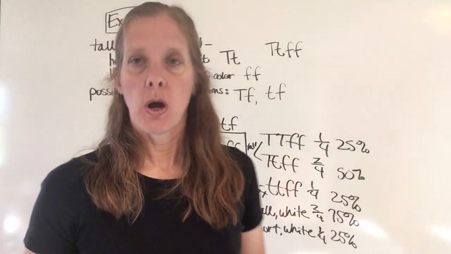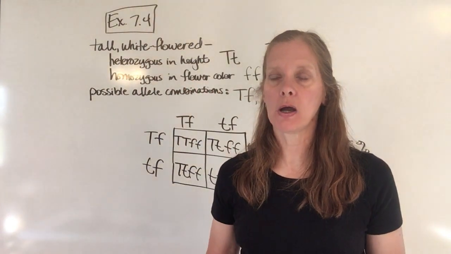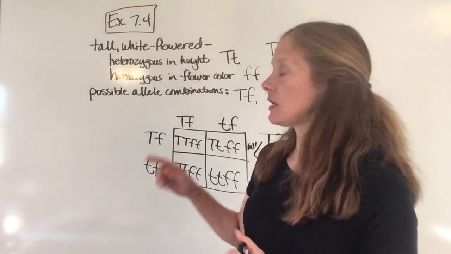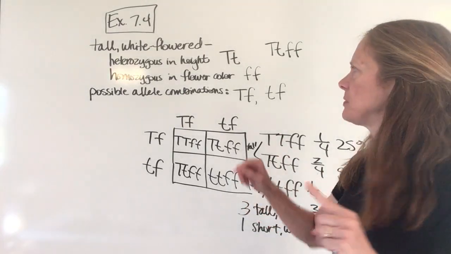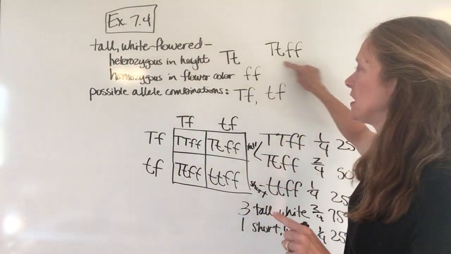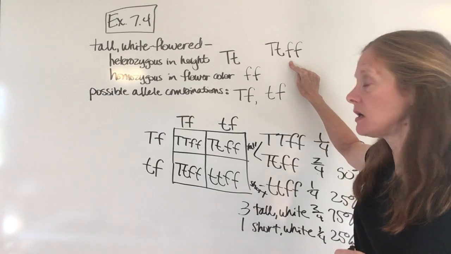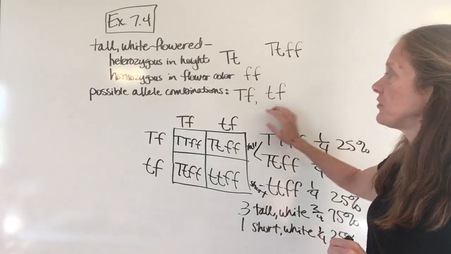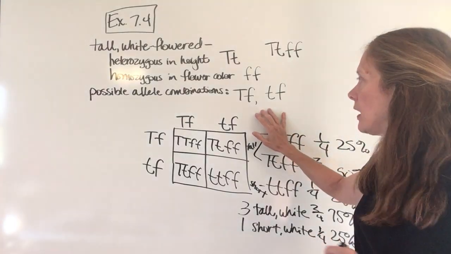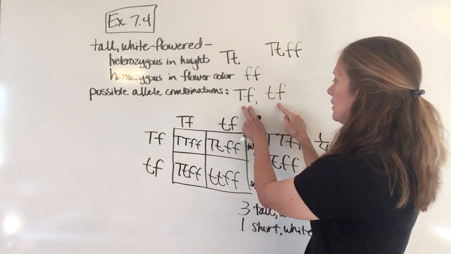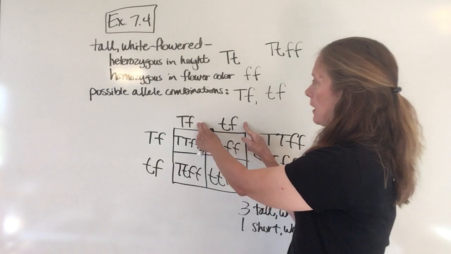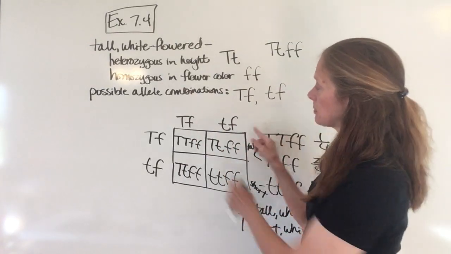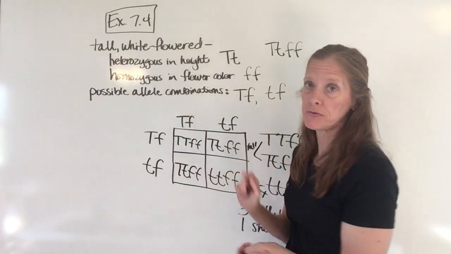Okay, so make sure that you understand that the first step in this is to figure out what the genotype is for the plant that I'm looking at. Then I've got to figure out what the allele combinations are. Then you're going to take those allele combinations and put them on the side of a Punnett square. In this particular case, I self-pollinated, so it was the same on both of them.